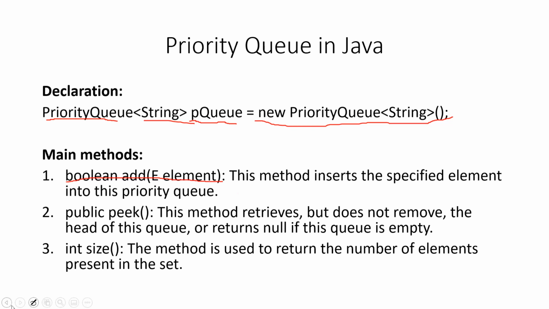Then second one, you have peek. Peek means that you get the element with the highest priority, but you don't remove it. And if the priority queue doesn't have any elements, it just returns null. And the third one is size, which just returns the size of the priority queue.